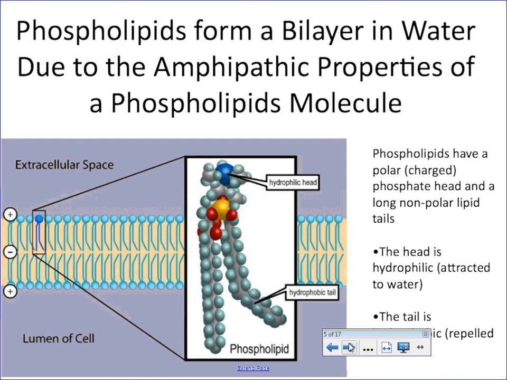So phospholipids, when you have a whole bunch of them together, will come together to form what is called a bilayer in water. And this is really due to the amphipathic properties of the phospholipid molecule. So if we have a look at the diagram, outlined in blue or black is a phospholipid molecule.